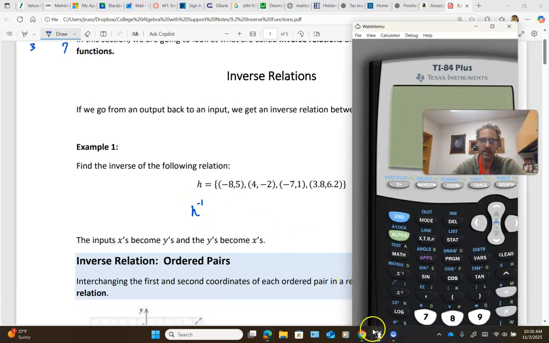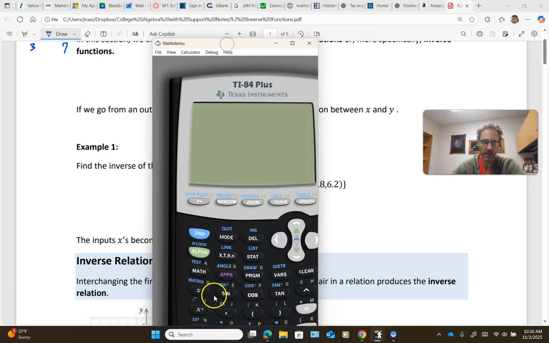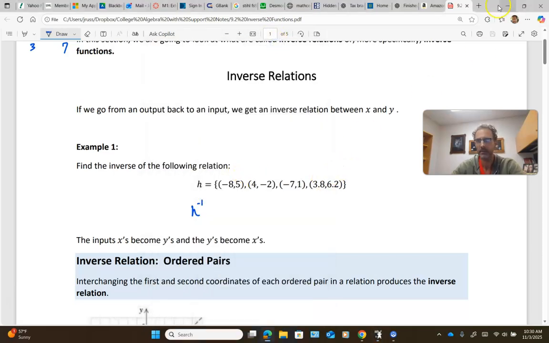We actually have this key in our calculator. You may have noticed it before. It's this key right here. That doesn't mean x to the negative first power. That means x inverse, the inverse of x. Okay. But anyway, all right, well, the inverse of h will be another set of 4 ordered pairs, except the x's and y's will be reversed.